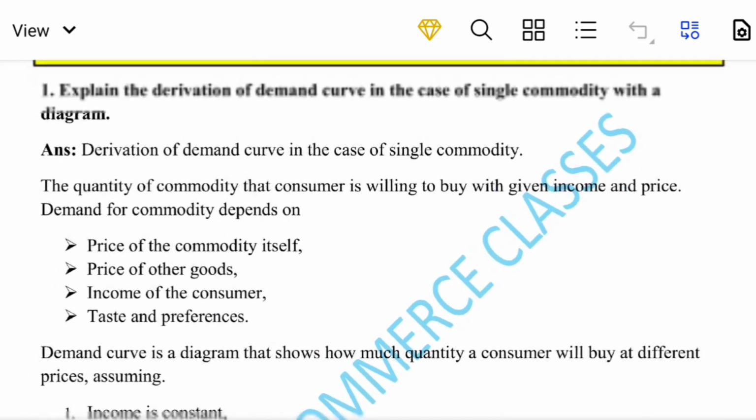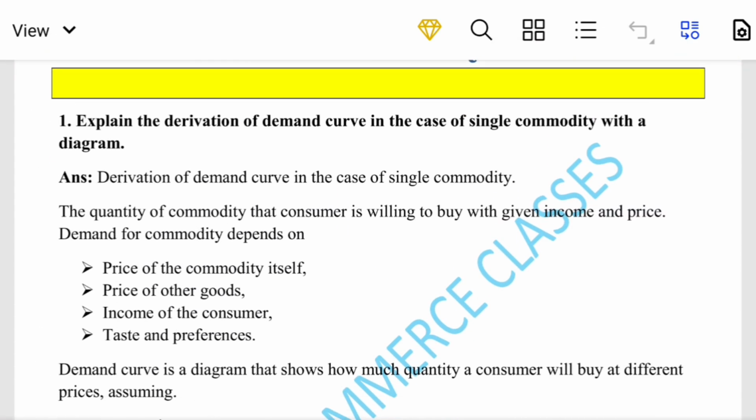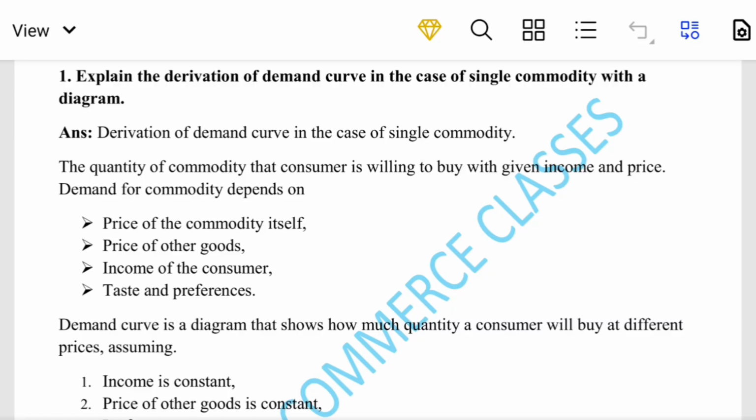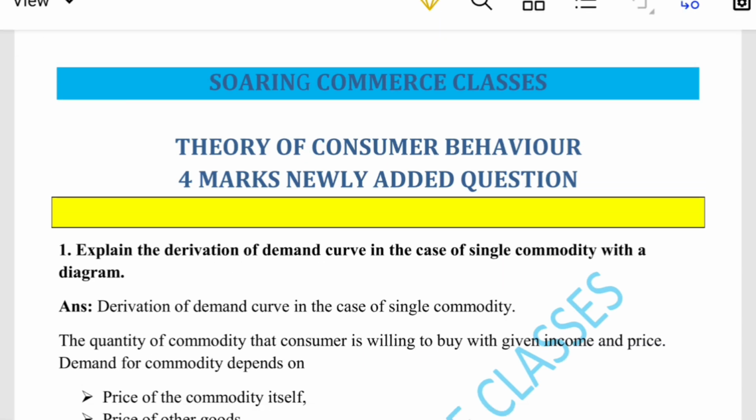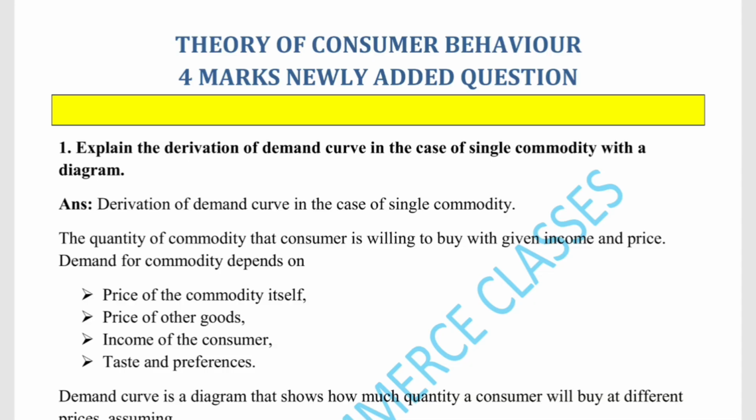I hope you have understood this concept very well. First, you need to write the meaning of demand, then understand the concept of the law of demand, and you need to know marginal utility. If you know these things well, you will definitely be able to write the answer for this question.